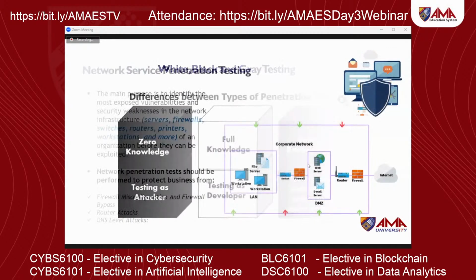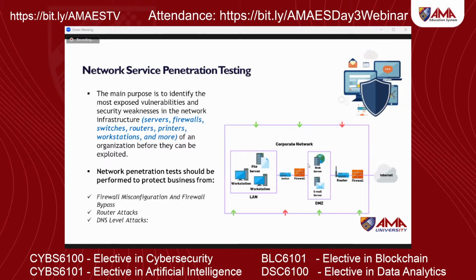So moving on, meron din tayong tinatawag na network service penetration testing. Ang main purpose naman nito is to identify kung ano yung mga exposed vulnerabilities and security weaknesses dun sa network infrastructure, katulad ng servers, firewalls, switches, routers, mga printers, workstations, and more.